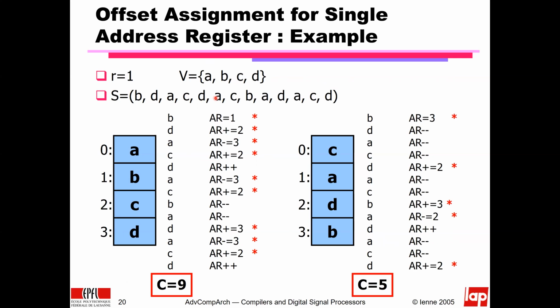What is the problem? The problem is that if I have declared my variables A, B, C, D, one after the other, typically my compiler puts at some address, it doesn't matter if it is 0 or something else, probably not 0, the variable A, then I declare B, then it puts B, I declare C, then it puts C, and then I declare D, and it puts D. If I do this and I look at how I will be accessing these values in my code for a processor that doesn't have a normal load store unit, but can only go through this address generation unit, what will happen is that I will have here, for instance, an access to B. I need to load AR with the value 1, right?